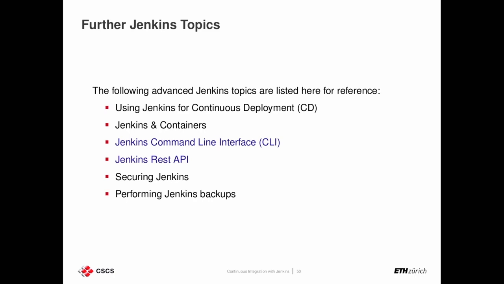You can use containers as agents or build new images and deploy them. You can also use it via the Jenkins command line interface. It has a REST API that you can use to trigger jobs, to list jobs, do whatever you like.